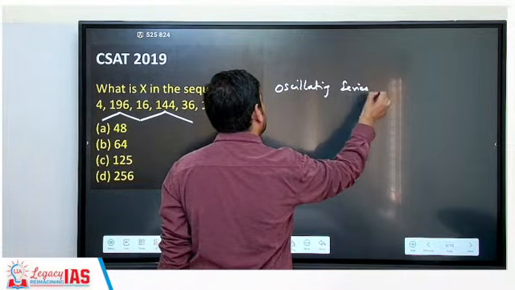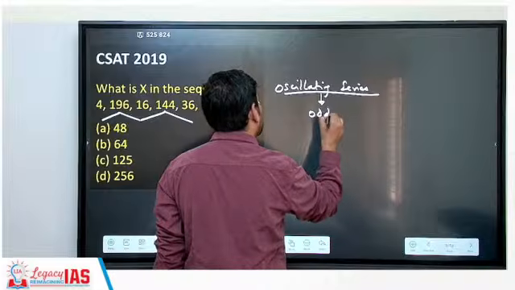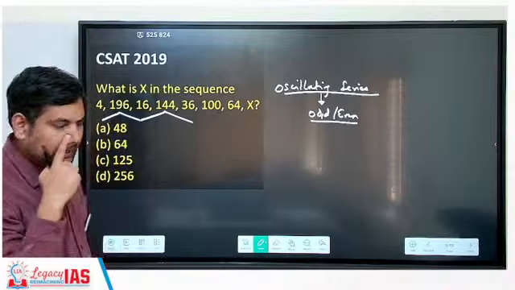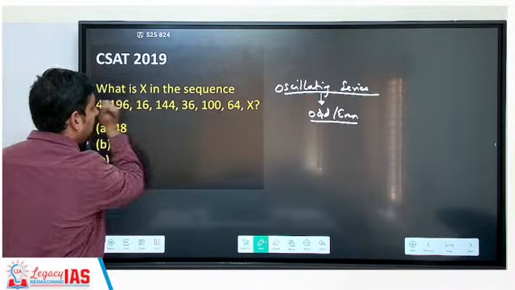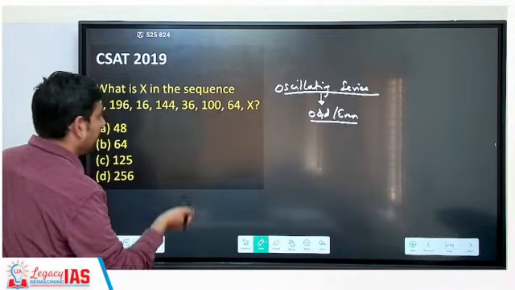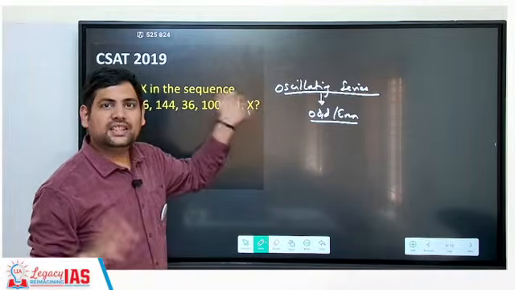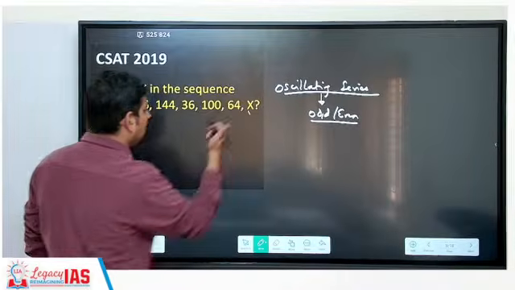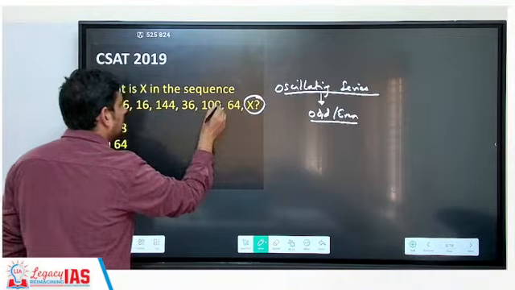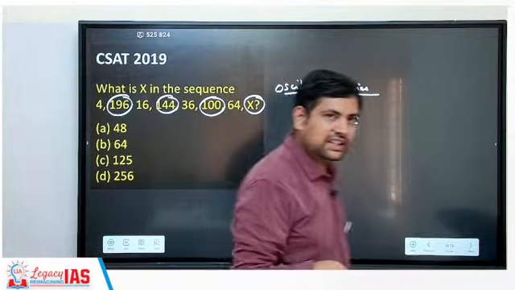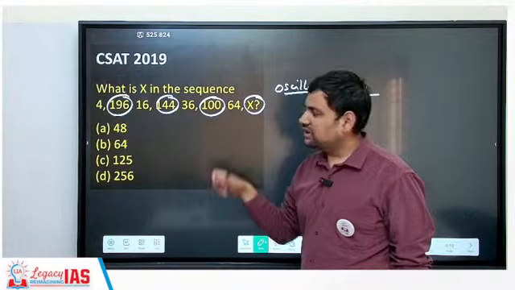If it is an oscillating series, what do you have to look for? You have to look for odd and even terms separately. Correct? Now let's first find out whether x is an odd term or an even term. That series only I will find, that also will work. So this is x. Yeah, so basically x is on the even place. Now what is the series going on here?